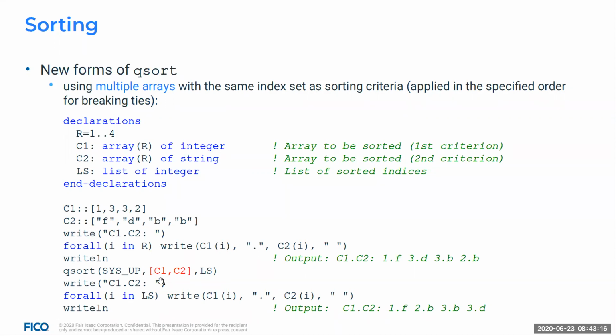So I'm first sorting with C1, and then I'm sorting based on C2. So my output is going to be the first numerical values, 1, 2, 3. And then for breaking ties, I'm looking at the values of the second array, and I'm putting these into the correct order. Correct order means, well, I've put this up, so moving upwards for both arrays.